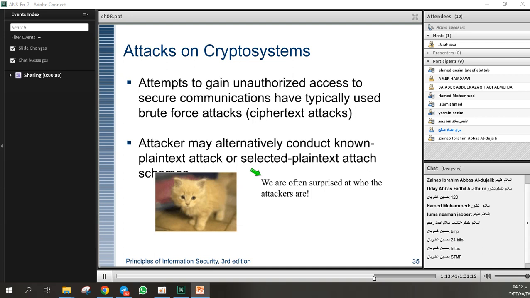But it is surprising that in most cases, when we check for unauthorized access to systems and communication platforms, it is surprising who the attackers are. Here you can see a Katie. Is Katie an attacker to my system? Yes. Children, youth. These days, most of the attackers are young people.